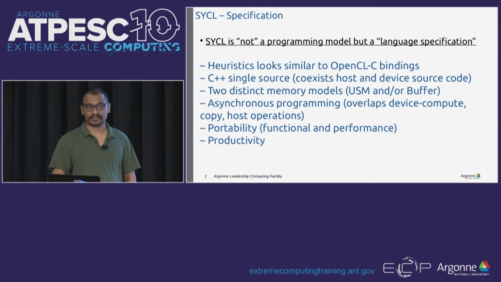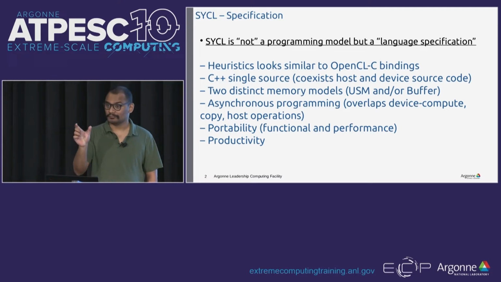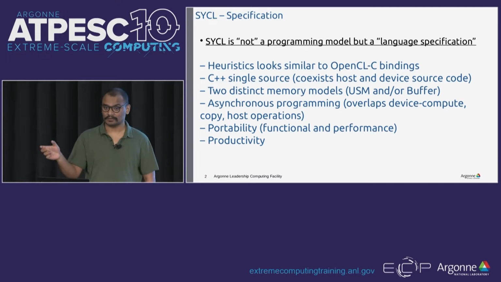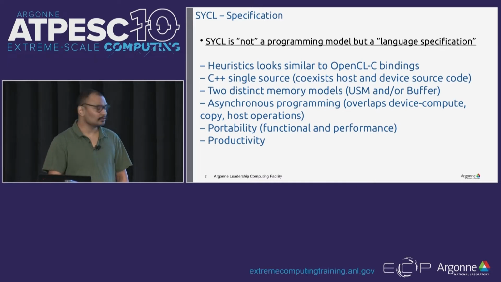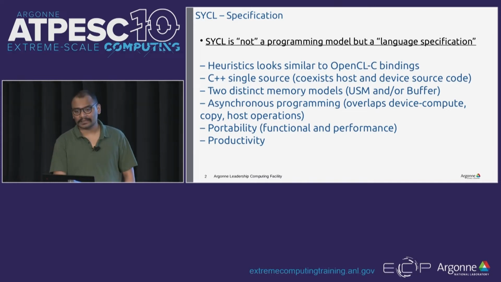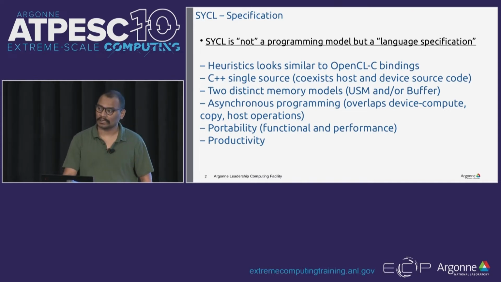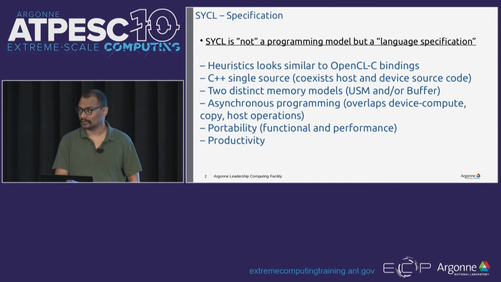Shared, you know the shared memory, right? You have a pointer which is valid both on host and device, from the unified virtual memory addressing from CUDA and so on. That's the sort of meaning behind USM. And there is something called buffers, which is just a different data structure for the memory model in SYCL.